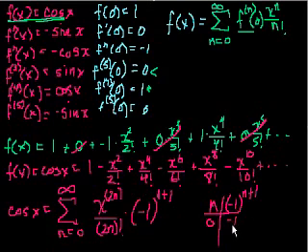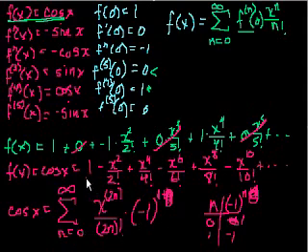It would be minus 1. Oh, no, when it's 0, it should just be negative 1 to the n, right? Because when it's 0, negative 1 to the 0 is 1. When it's 1, it's negative 1. So this will work out. So it's negative 1 to the n.